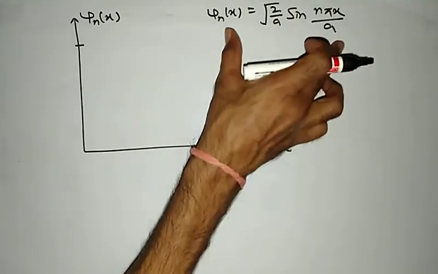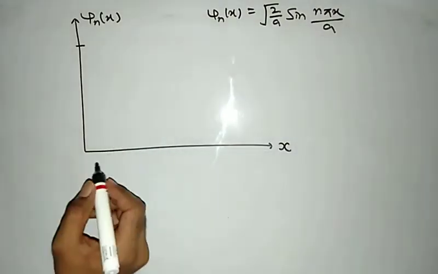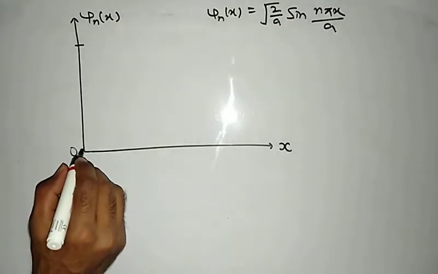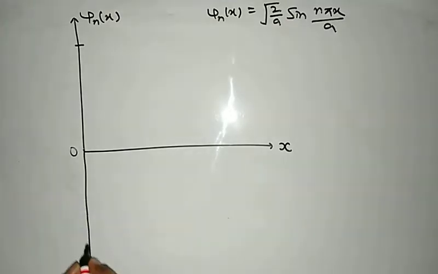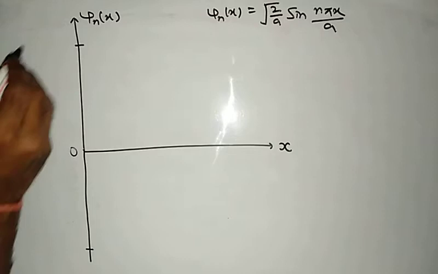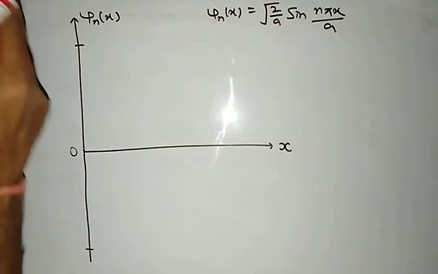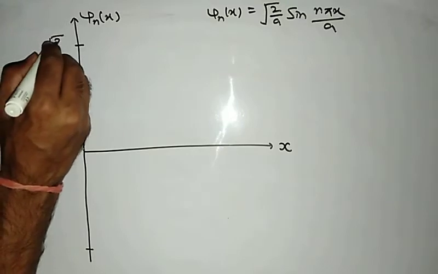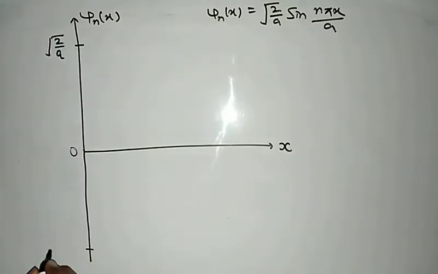So we can calculate for psi 1, psi 2, psi 3. I'm taking 0 and also negative values, so the amplitude is minus under root 2 by a.